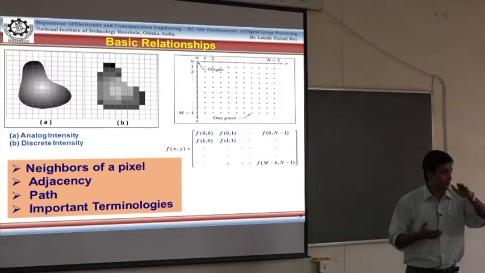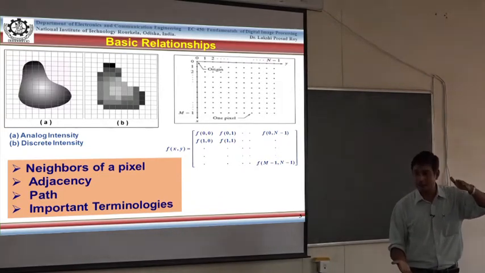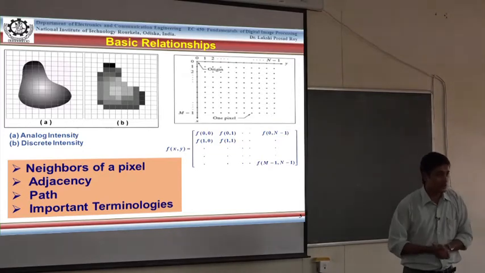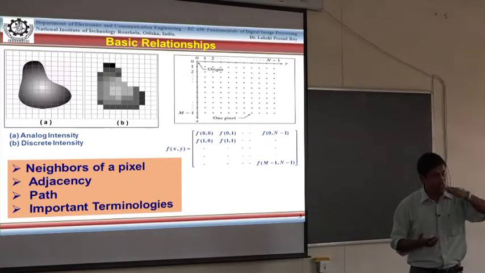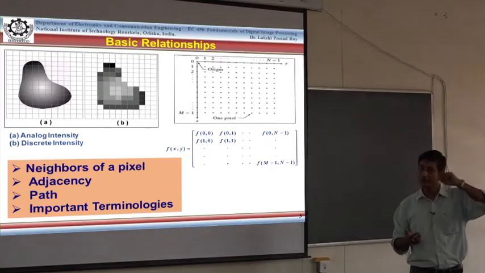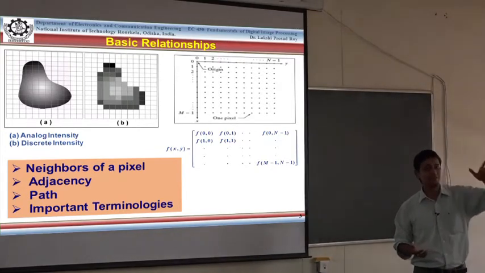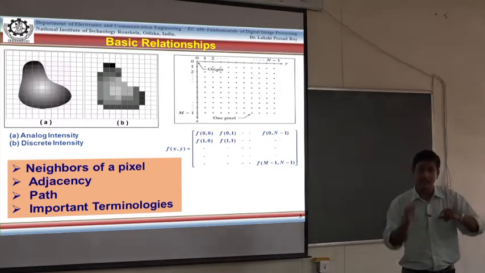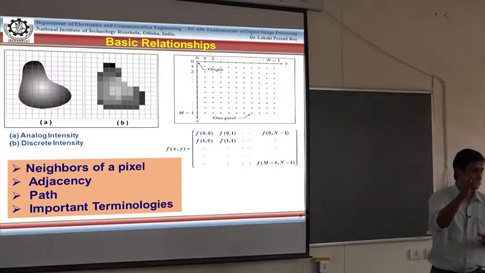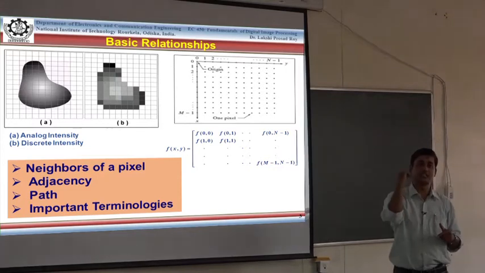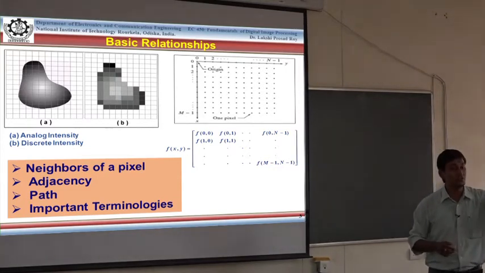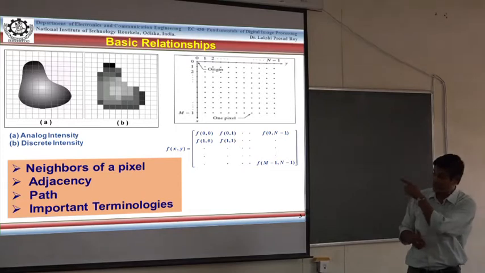Discrete value means you have divided the total range of variation into some number of levels, with individual labeling of those levels. Different levels are labeled with some value: one is 0 volt, one is 1 volt, one is 2 volt, one is 3 volt, like that. Those 1, 2, 3 volts I am talking about are f(x,y).